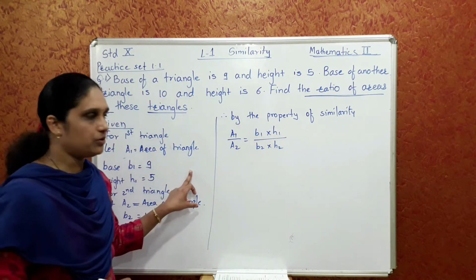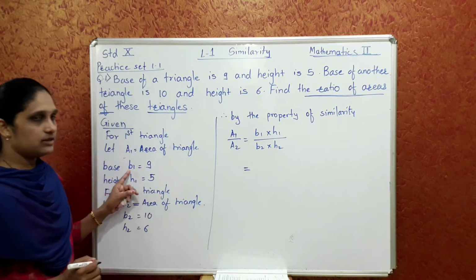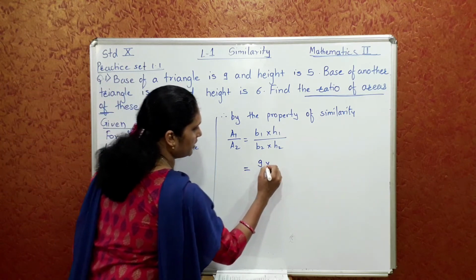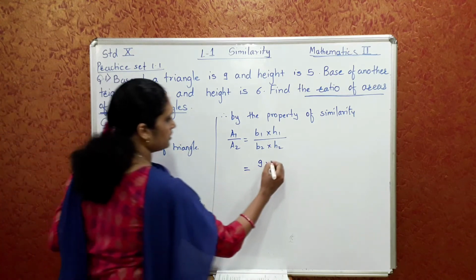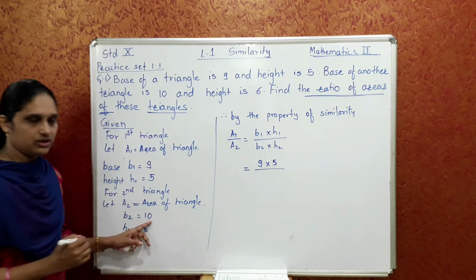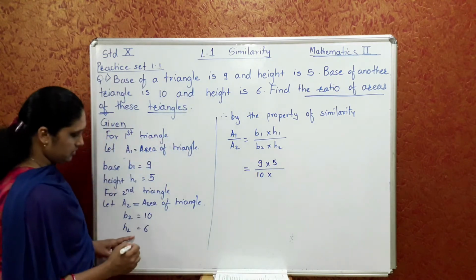So this is the first property, and now we are going to substitute the values. B1 value is 9, so I will write 9 in the place of B1. In the place of H1 we are going to write 5. Here B2 is given as 10, and H2 is 6.